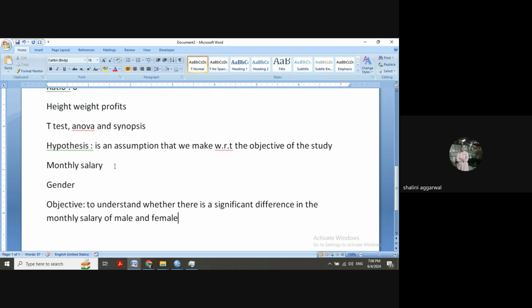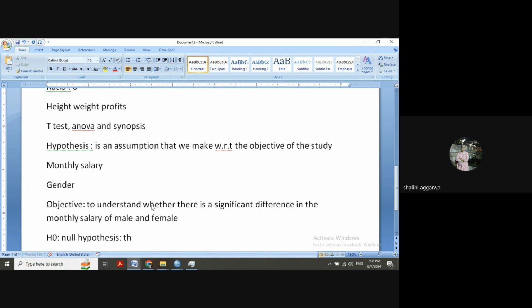For an organization, we will take the monthly salary of the different people, and we will note down their gender. So this is the objective. How do we test this? For this, we have to make two hypotheses. Hypothesis 0 is called the null hypothesis.